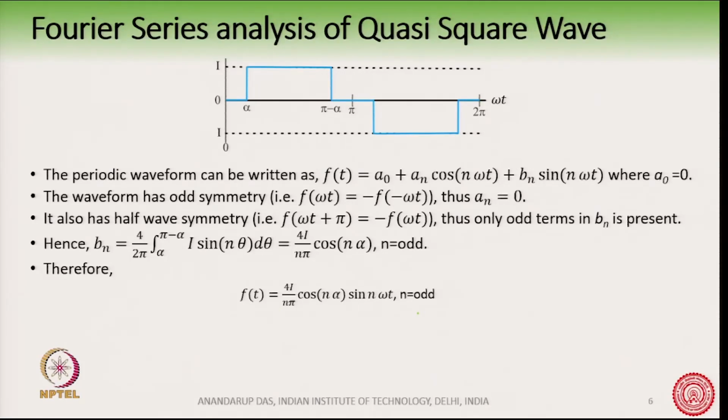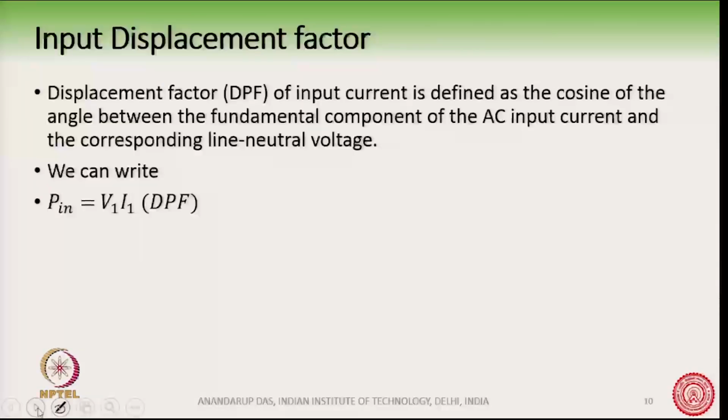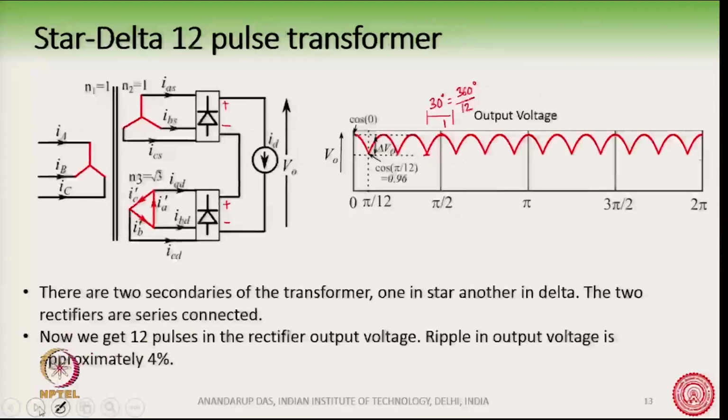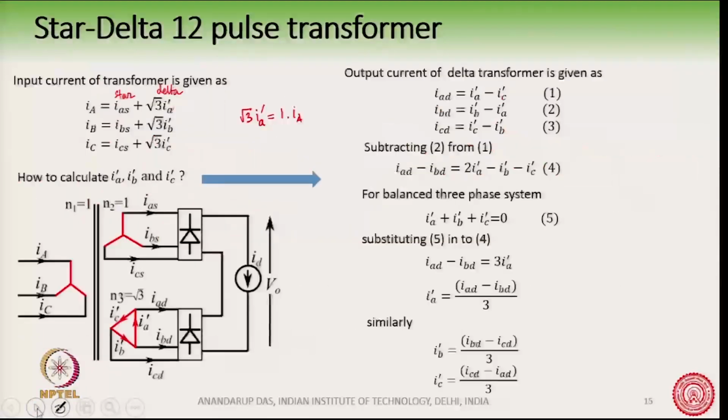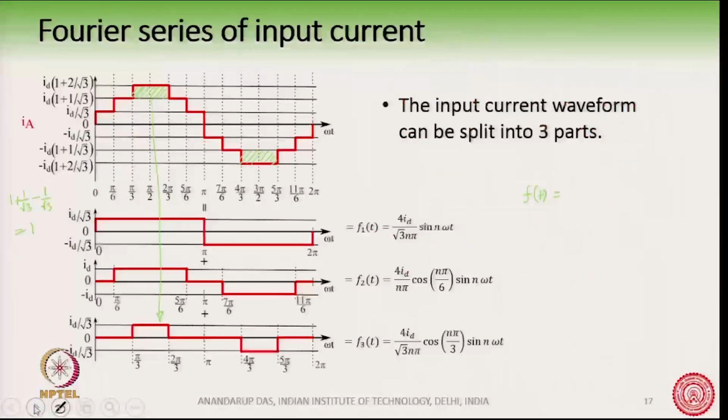That was the generalized expression for an alpha angle quasi square wave with alpha and pi minus alpha here. So, therefore, we can write the Fourier series expansion of this waveform and this waveform and this waveform, and then just add it up.